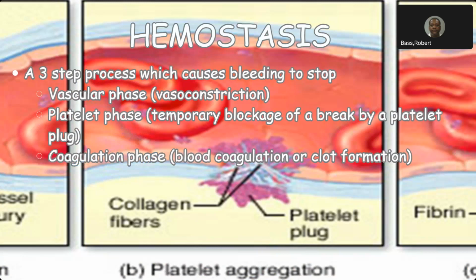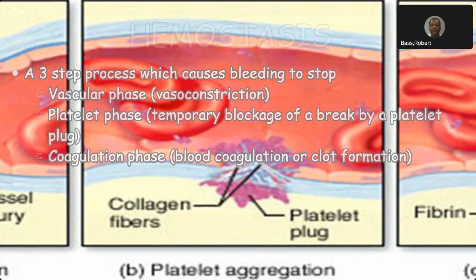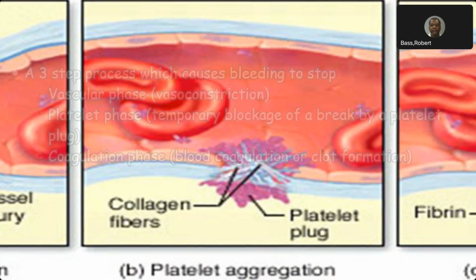Now, just like anything else, there are factors that come into play when it comes to the body naturally stopping the bleeding itself. When it comes to fractures and movement of the wounds at the site, you've got those bone ends moving.